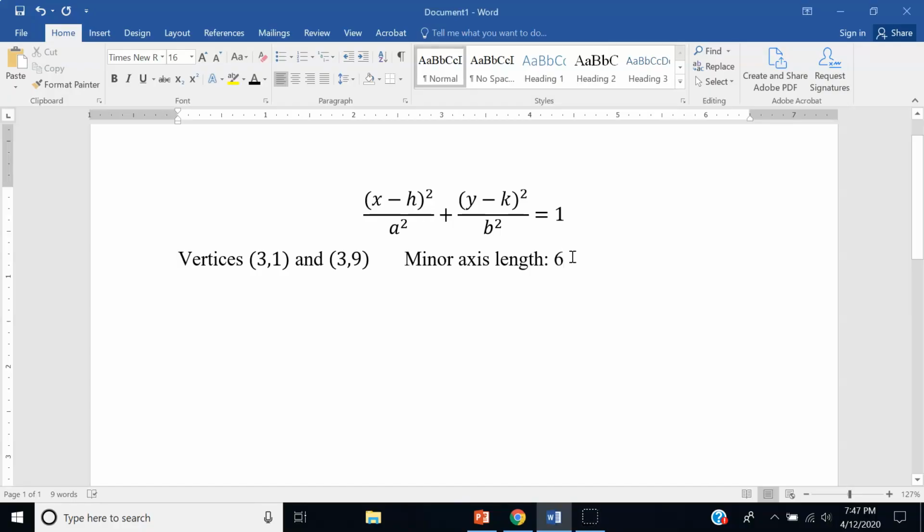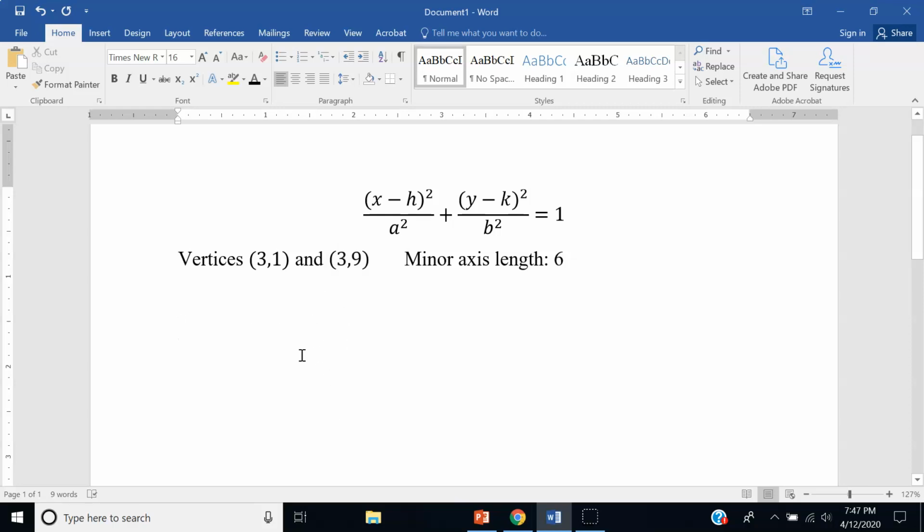This one's not too crazy. Hopefully you can figure this out. So we have vertices at 3, 1 and 3, 9. Those 2 vertices have the same x value, so we know they're on either the minor axis or the major axis.